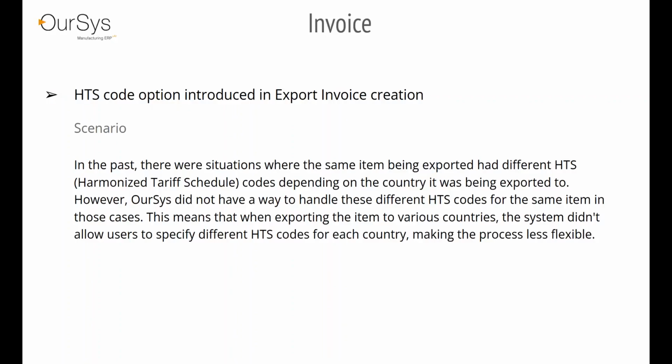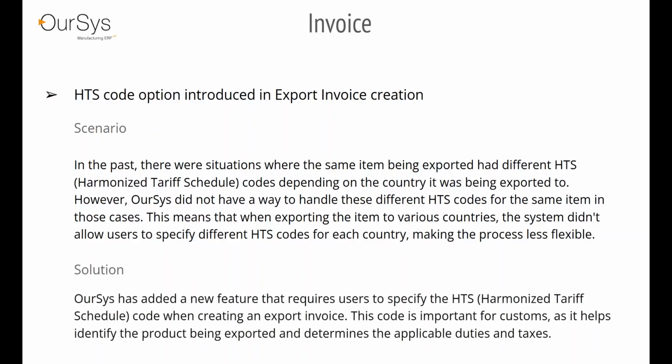So this made the process less flexible, and users couldn't specify the correct HTS code for each destination. Now OurSys has introduced a new feature that asks the user to enter the HTS code when creating an export invoice. This code is important for customs because it helps to identify the product being exported and determines the tax and duties that need to be paid.